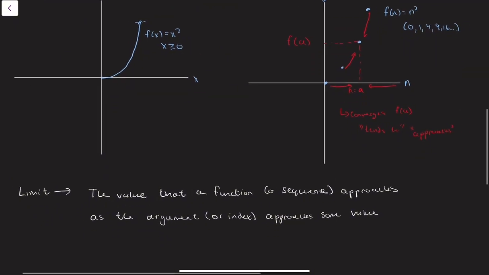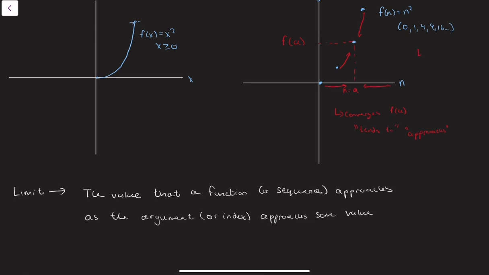And in terms of notation, it looks something like this. You'll have your limit as n approaches some value, let's say A, of your sequence f of n. Well, that is just equal to the value of f of A, because as we approach A, we're approaching the value of A for that sequence, which makes sense intuitively.